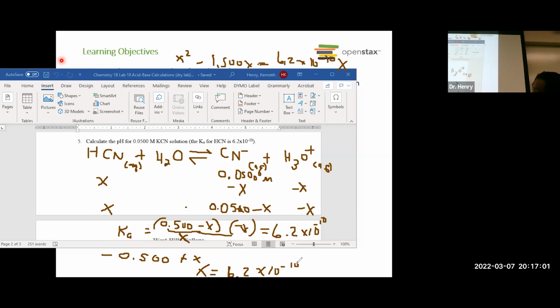Acid, right? Is 13. So yeah, that will be acid. Yeah, very, very weak acid. What did you guys get for your value?